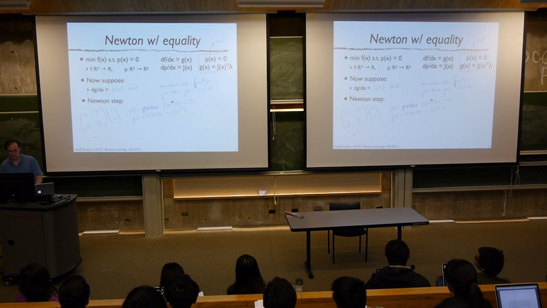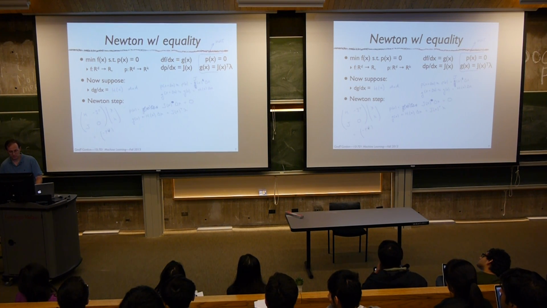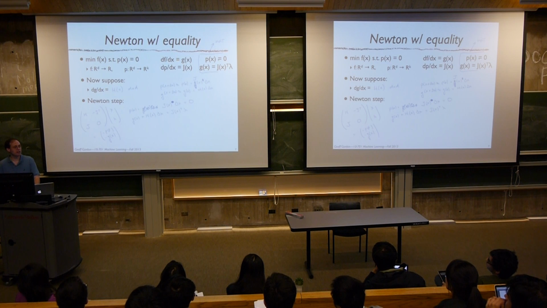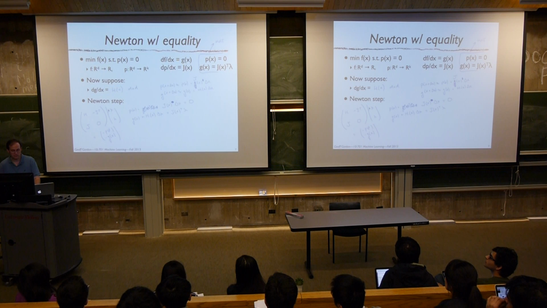Count my dimensions again, sorry about that. And that is supposed to equal, here the constants are p of x and g of x. They're moved over to the other side, so they're negative, minus p of x and minus g of x, right? So by taking the KKT conditions, and just like we did in Newton's method before, we substitute a first order approximation for them. We get these equations here, which in matrix form are these guys, and this should be delta x, right?